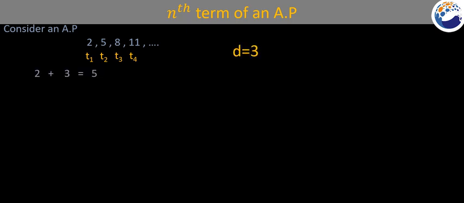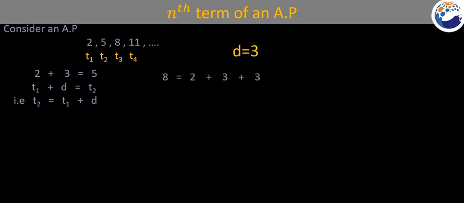nth term of an AP. Consider an AP 2, 5, 8, 11 and so on. Here T1 is equal to 2, T2 is equal to 5, T3 is equal to 8, T4 is equal to 11. Here the common difference is 3. When we add 3 to 2, we get 5. That is, we can say T2 is T1 plus d.